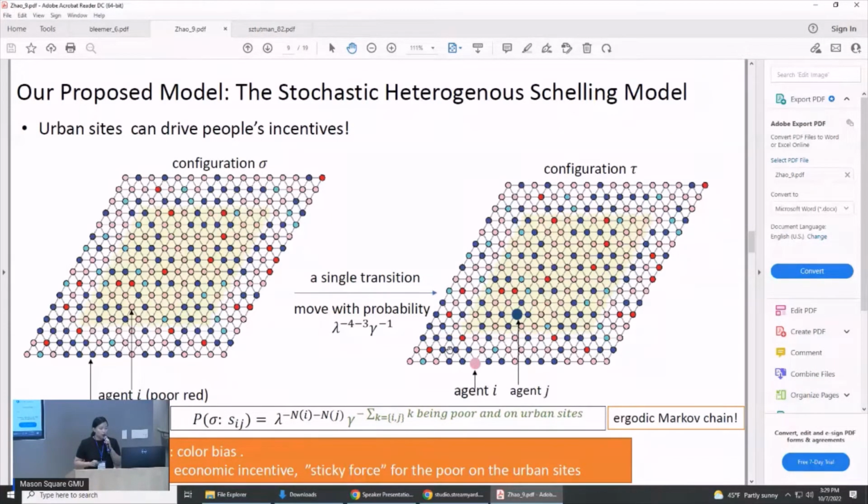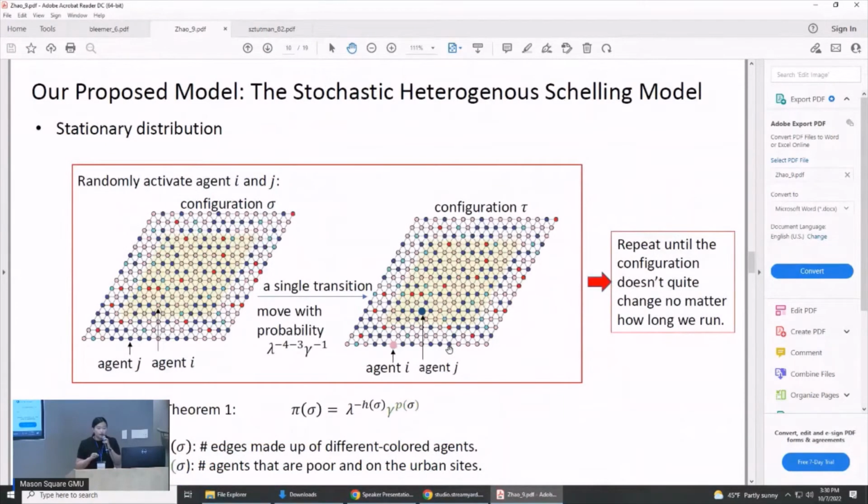So the so-called incentive, we capture it by the parameter gamma here, which is also called economic incentive. And it acts like a sticky force for the poor on the urban sites. At each time step, we randomly activate 2 agents to make them think like that.